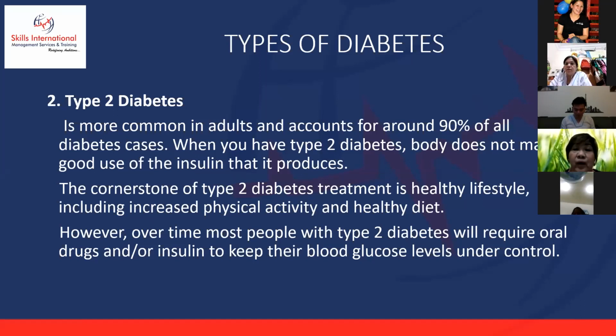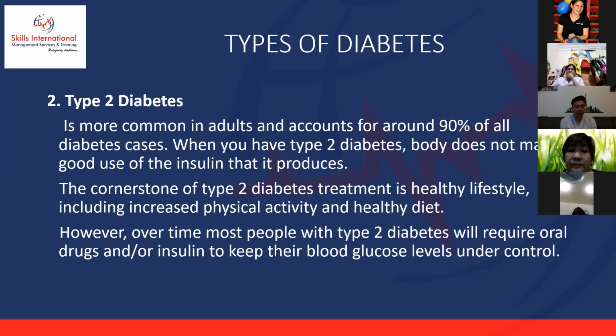So type 2 is the most common. It started in adulthood, and it accounts for 90%.